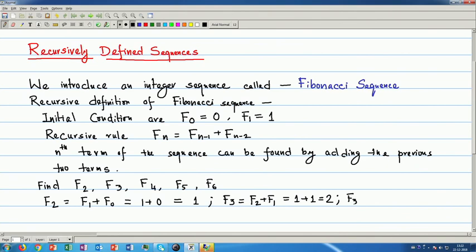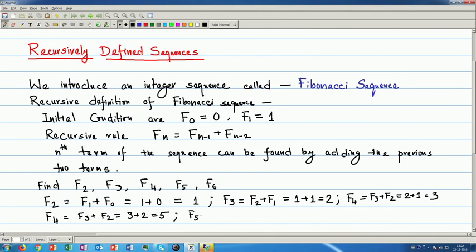Similarly, we get f 4, already we got f 3. So, f 4 is f 3 plus f 2, and f 3 is 2, f 2 is 1, so this is 3. Then f 5 is f 4 plus f 3, that is 3 plus 2 is 5.